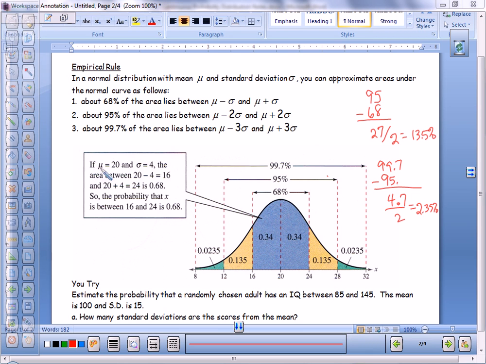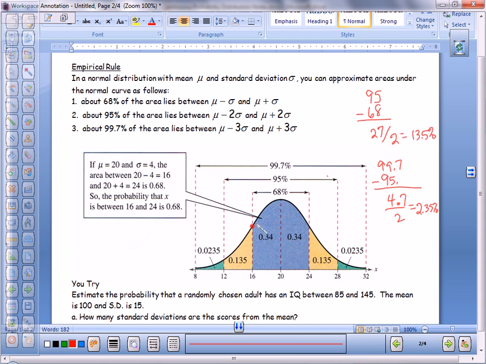Now, I've gone ahead and labeled this, given a particular example. So if we had a set of data where the mean of the data was 20 and the standard deviation was 4, what would this look like? The first thing we would do is label the center of the curve 20, because that's our mean. Now if we go out 4 units in either direction, that gives us 1 standard deviation. So I would count over 4, and that would be 24, subtract 4, and that would give us 16.